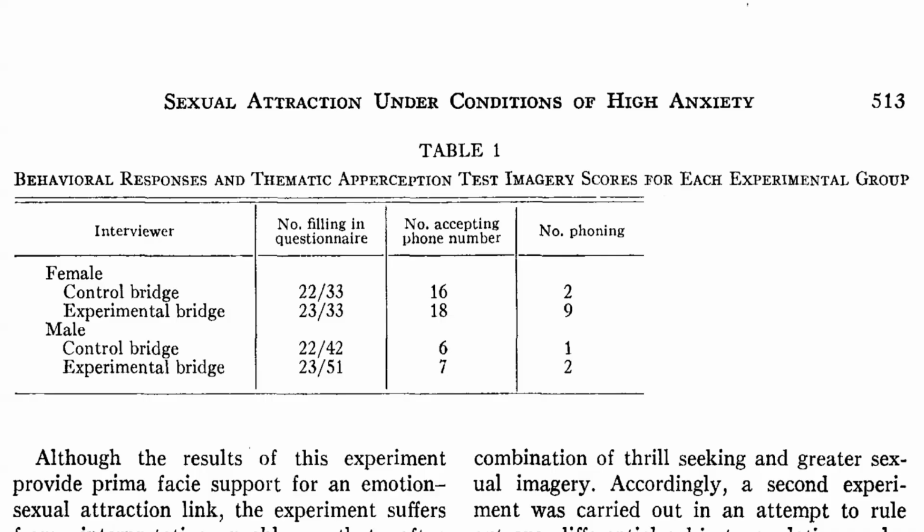So here we have on the wooden bridge, 33 people were approached by the female interviewer. But on the wooden bridge by the male interviewer, 42 individuals. We have different numbers, so we have to use relative frequencies.